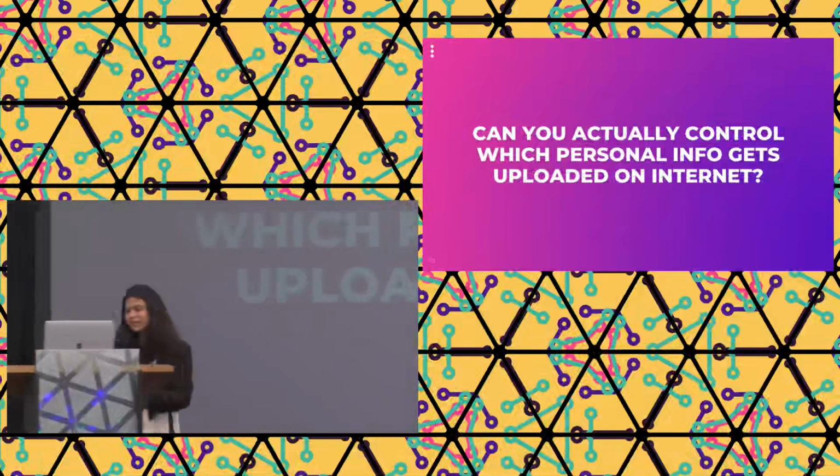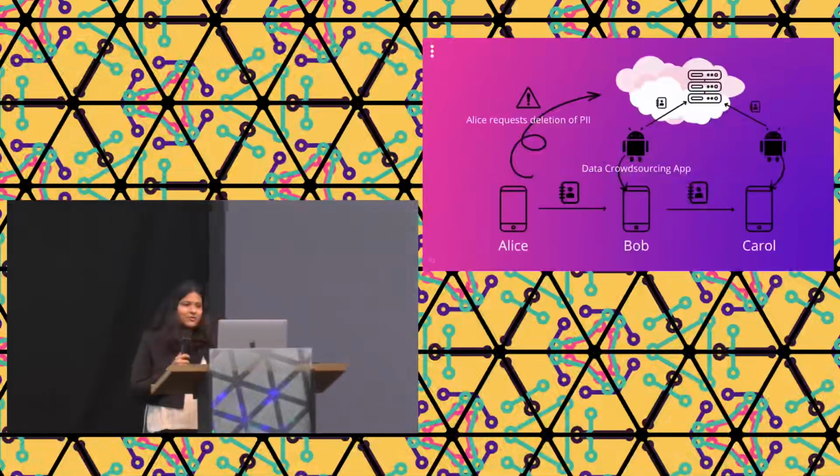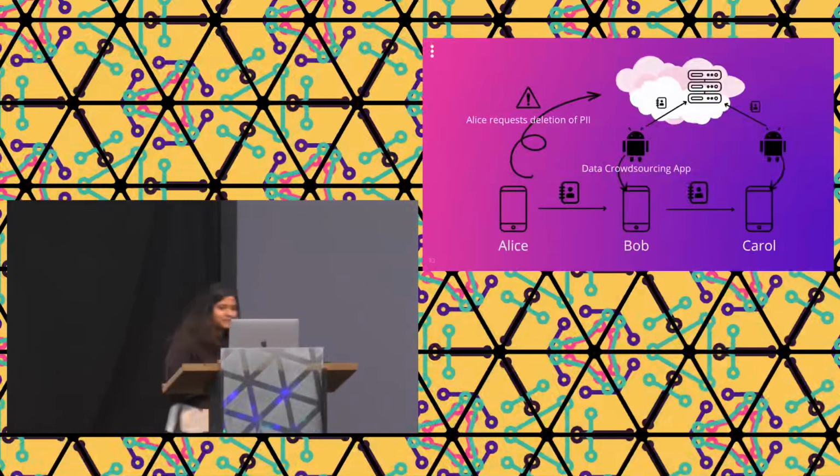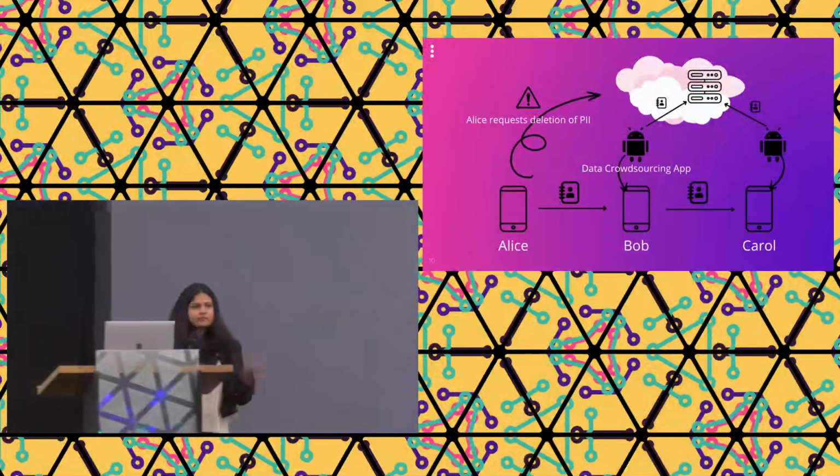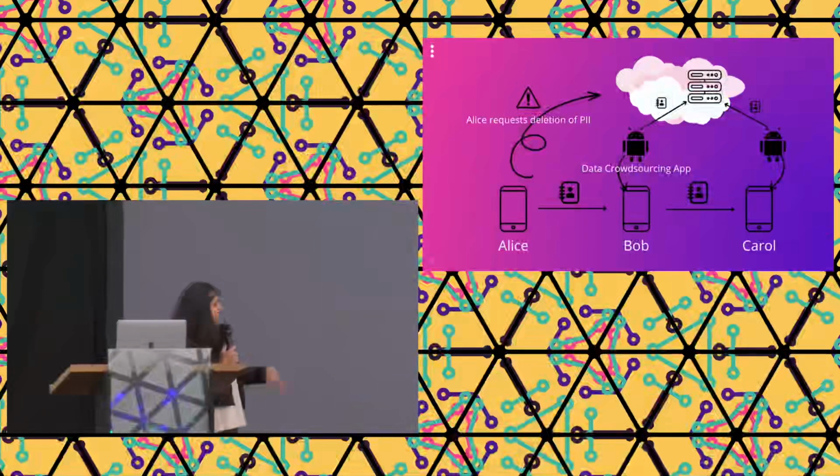You cannot, in a way, because if you just talk about, say, contacts, for example. Let's say Alice, Bob, and Carol are here in MCH 2022, and Alice shared her contact with Bob so that they can connect. But later on, Bob happens to have a crowdsourcing app, and that contact got uploaded onto the cloud.